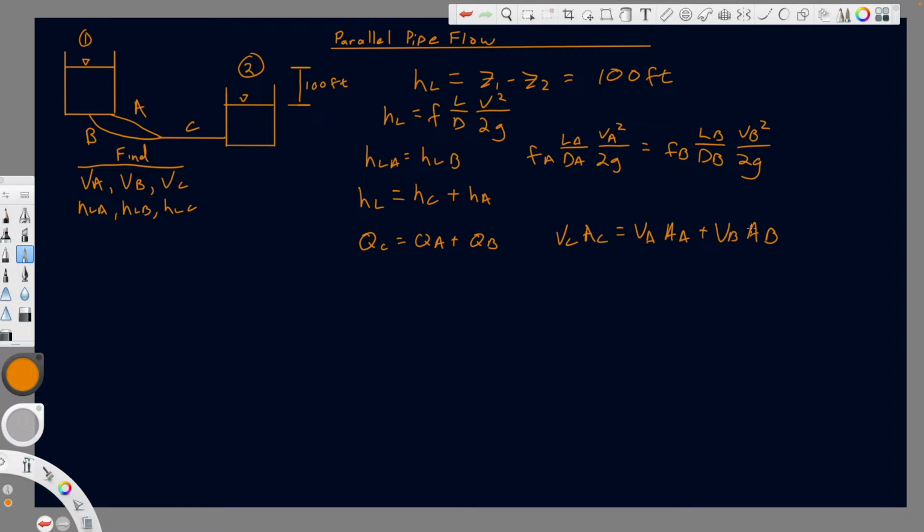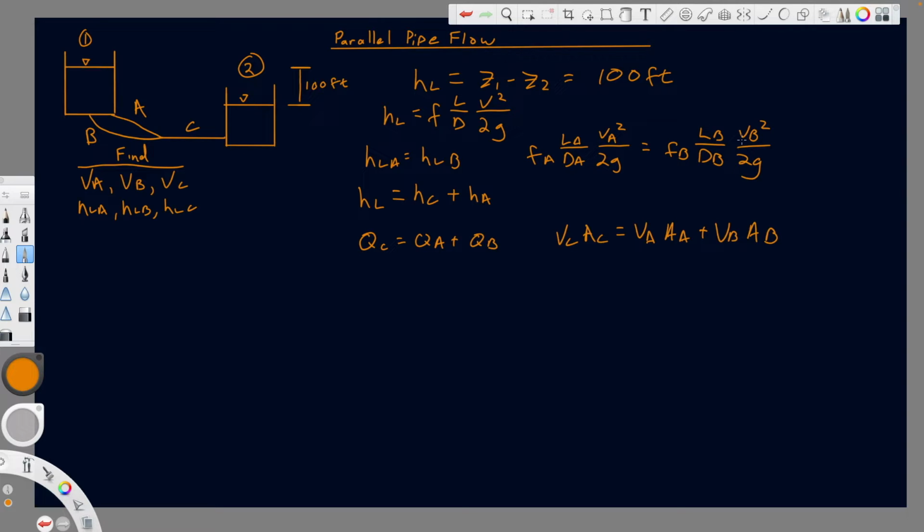Now we have a relationship between velocity A, velocity B, and velocity C. Here we have a relationship between velocity A and velocity C. And here we have a relationship between velocity A and velocity B. So we have now enough pieces that between these three equations, we can solve one of these velocities and go back and solve for the other two.